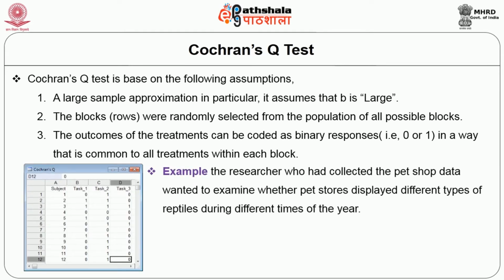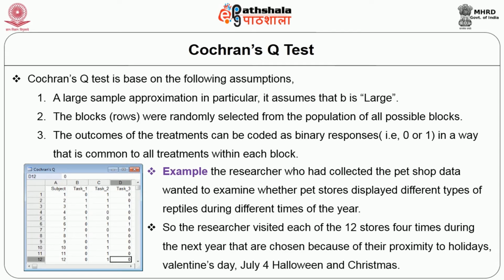For example, a researcher who had collected pet shop data wanted to examine whether pet stores displayed different reptiles during different times of the year. The researcher visited each of the 12 stores 4 times during the year, chosen because of their proximity to holidays such as Veterans Day, July 4, and Christmas Day.